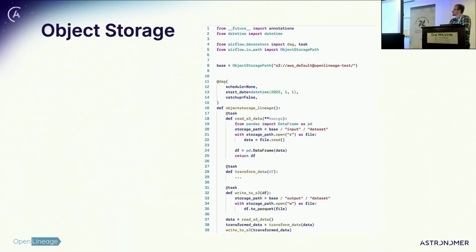Another thing that was introduced recently in Airflow is object storage, which allows you to read data from different file-like storages, S3, GCS, and other object storage, without having to use a lot of code. We can basically treat it as a path. And this is an example of object storage usage, which reads data from some kind of S3 bucket.